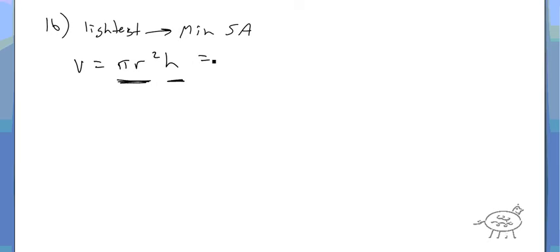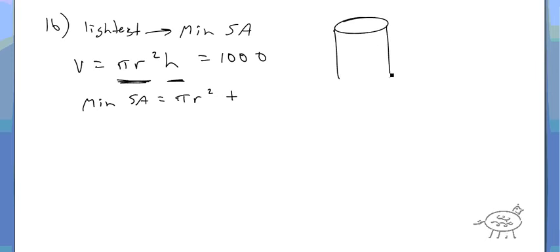And that is equal to 1,000. So I want to minimize the surface area, which, if you remember, it's pi r squared. That's one bottom, because it only has one bottom. If it was 2, it would be 2 pi r squared. But it's pi r squared, and then the distance around, I'm just going to draw a cylinder here real quickly.